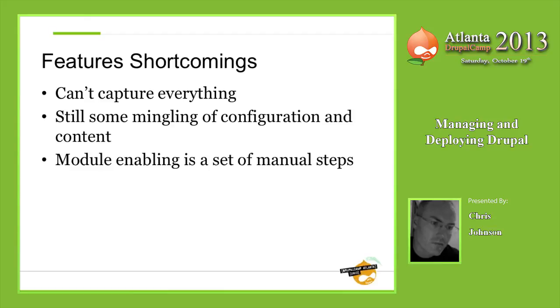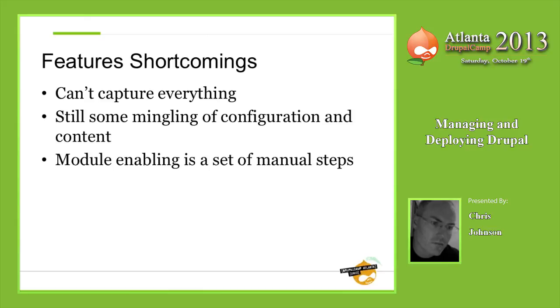But there might be a module that provides some functionality that Features can't capture into code. And this is all changed in Drupal 8 too. They developed this in Drupal 8 to make this problem go away. So yes, the configuration system in Drupal 8 is different.